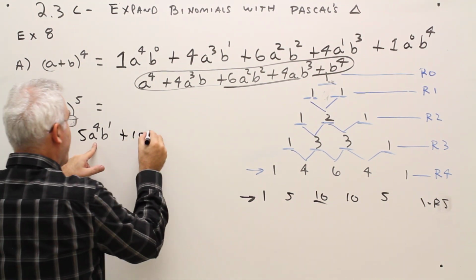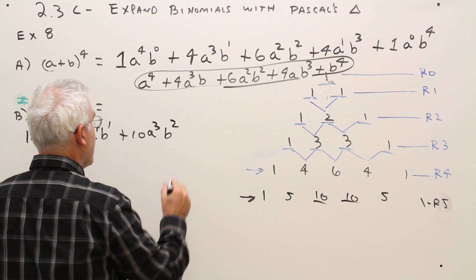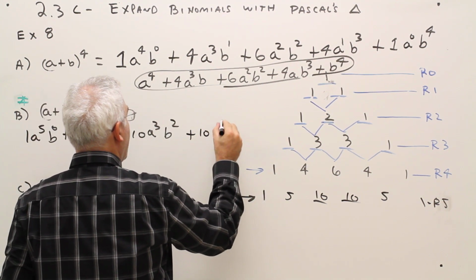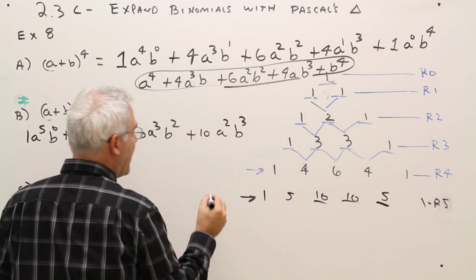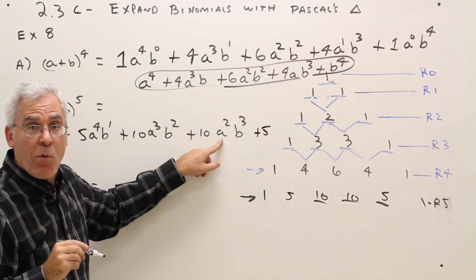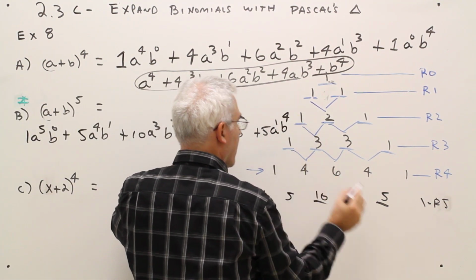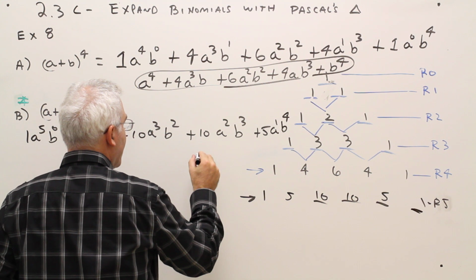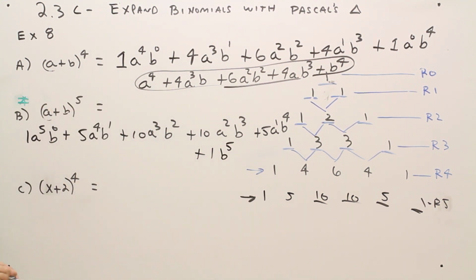Down 1, a to the 3, up 1, b squared. Another 10, plus 10, a squared, b cubed. I'll wrap around. Maybe I'll squeeze it in there. Plus 5, a to the 1, b to the 4. And then I'll squeeze this in at the end, plus 1, b to the 5.